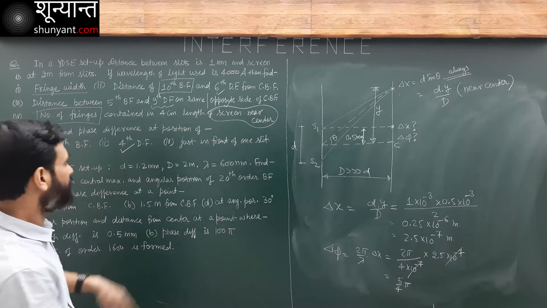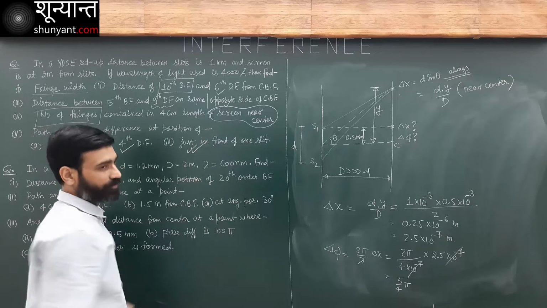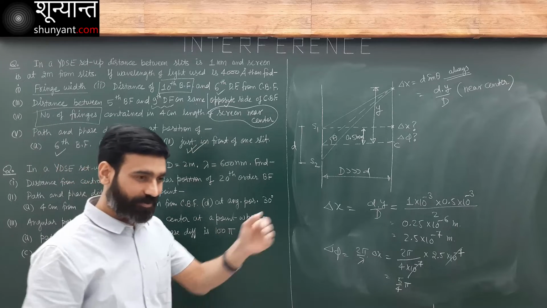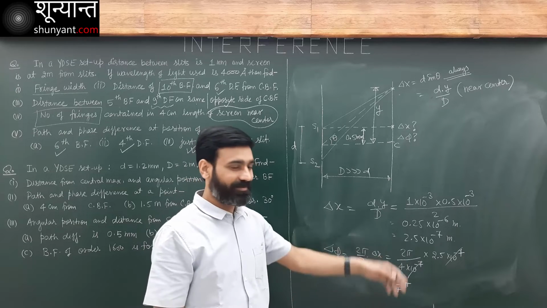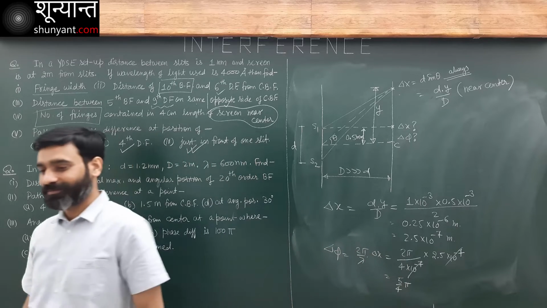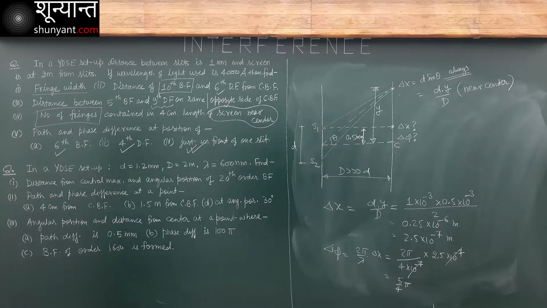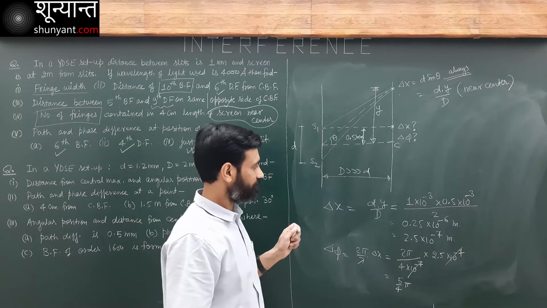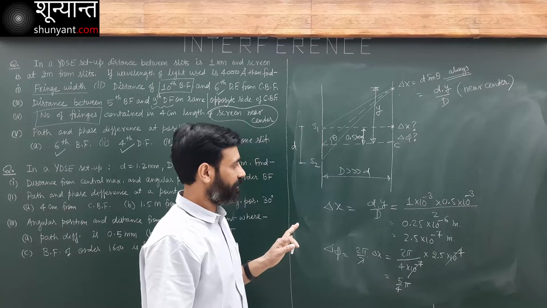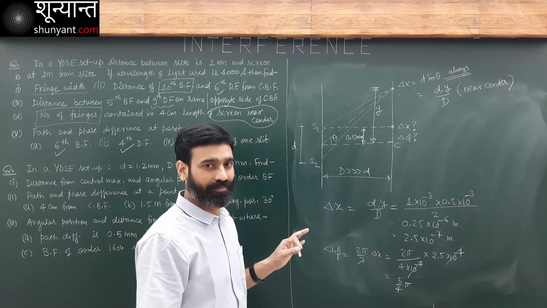This is the phase difference at this point, right in front of the slit. Do you understand this? Makes perfect sense?